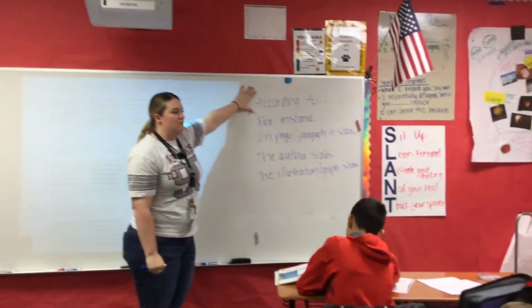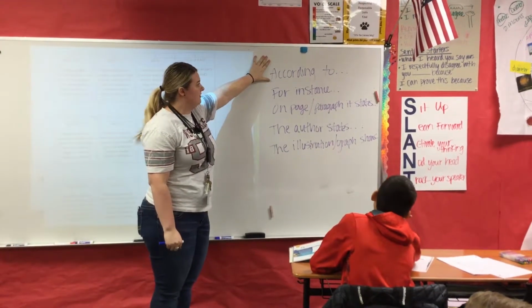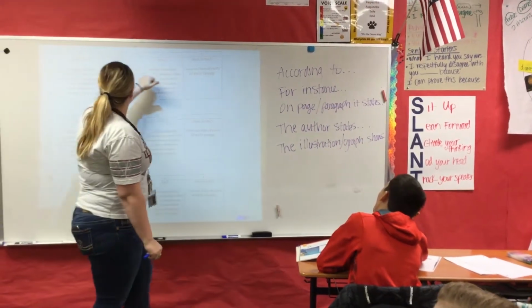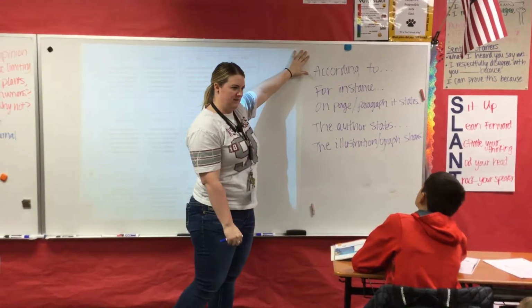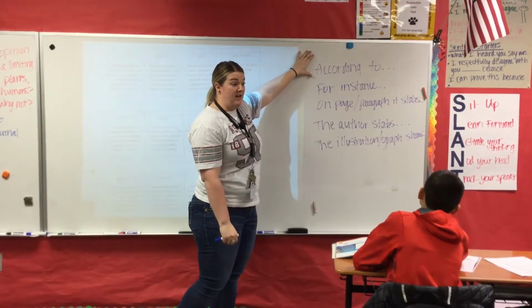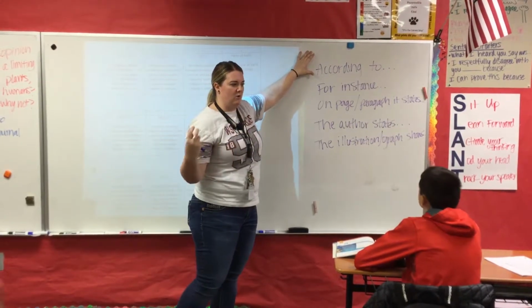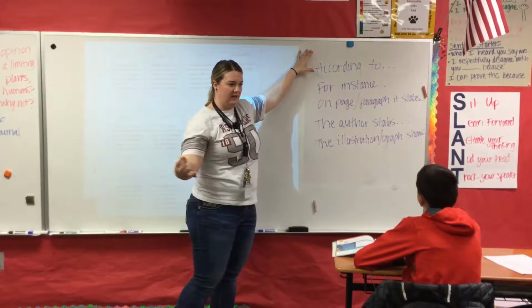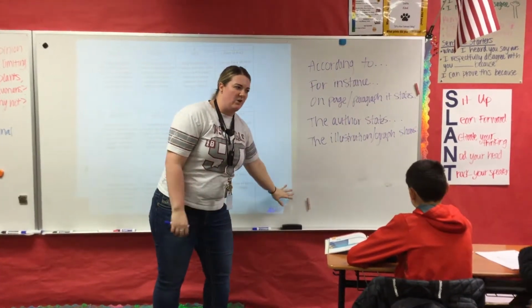Most of you, in all of the RACE paragraphs that I have read and graded, when you get to the cite, all of you say according to. And that's great, but in writing, we like to be a little more diversified in how we write. So we're going to look at some other ways to say according to.